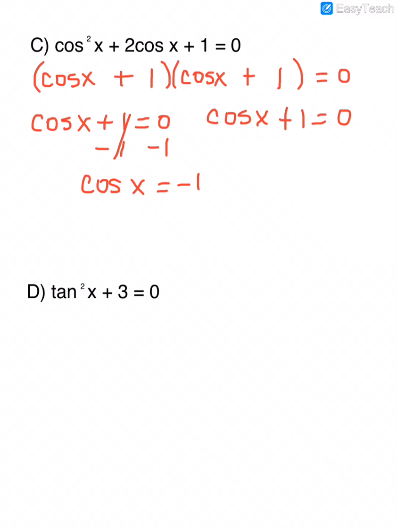And then if I take the inverse of both sides, I would get x is equal to cosine inverse of -1. Of course, this would give me the same answer, so I don't need to do it twice. So the solution set would be the angle whose cosine is -1. Again, we're in the interval between 0 and 2 pi, and that would be at pi.